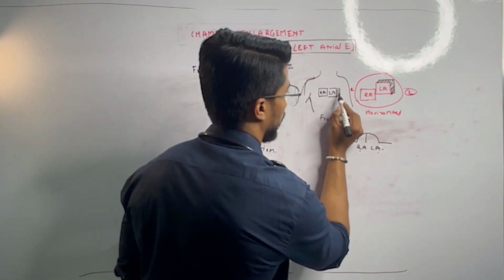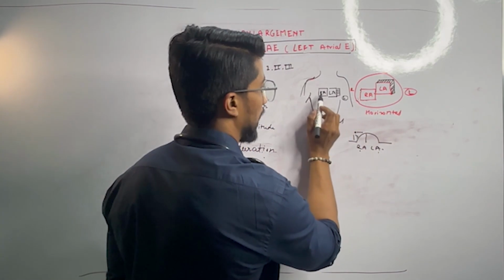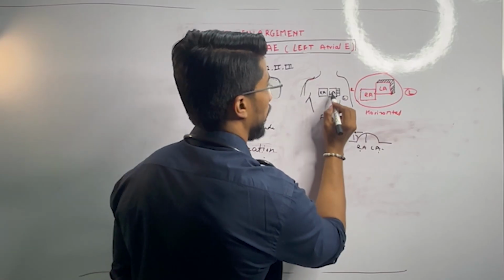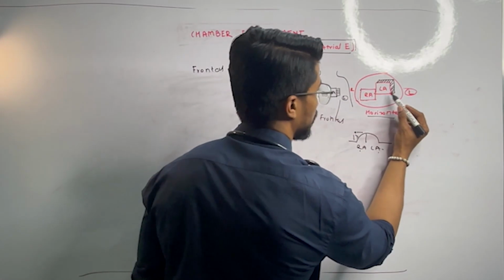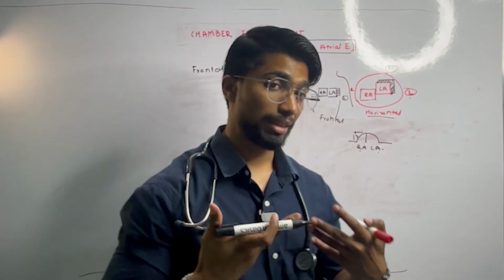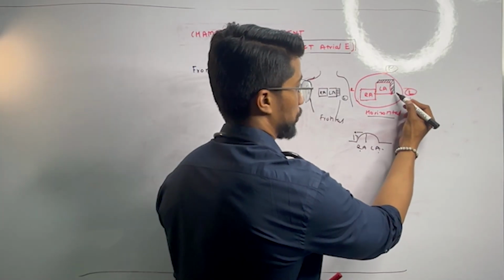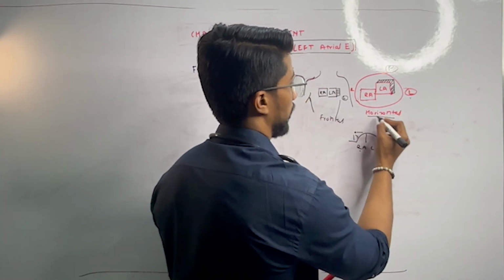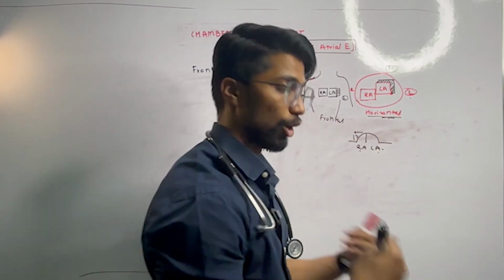In the frontal plane, LA goes to the left when it enlarges, unlike the RA, which goes to the right and down. In the horizontal plane, LA is going to go to the left as well as behind, posteriorly and also laterally. This is what happens to the LA enlargement anatomically.